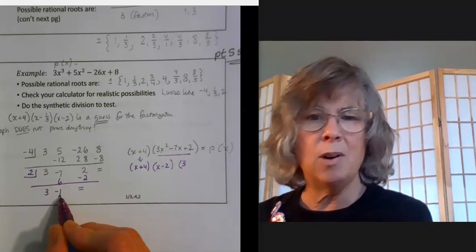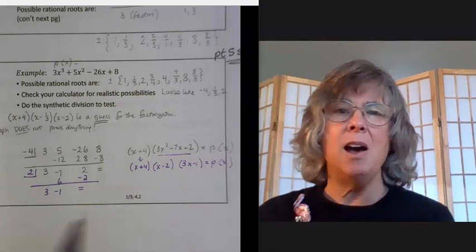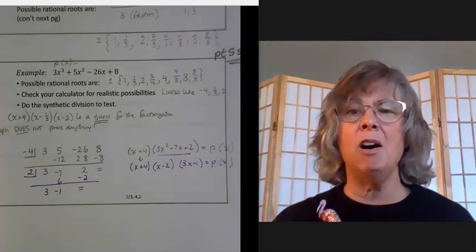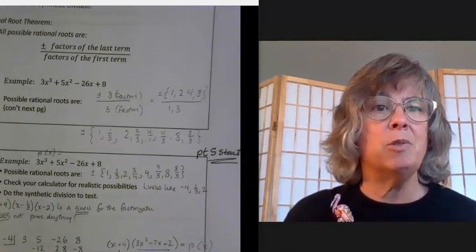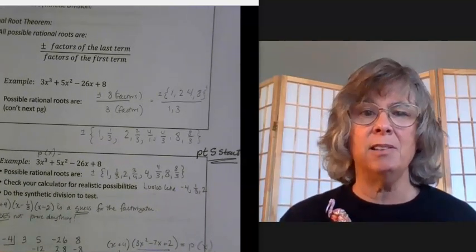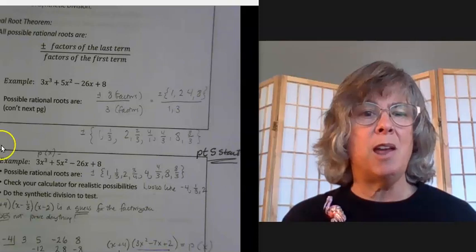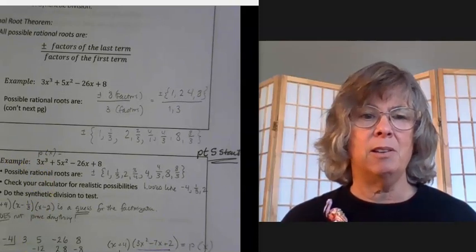So now we have completely factored the polynomial. I didn't jumpstart you at all, or actually, I didn't tell you anything except the rational root theorem. We used the rational root theorem in our calculator, and we were able to factor this cubic.